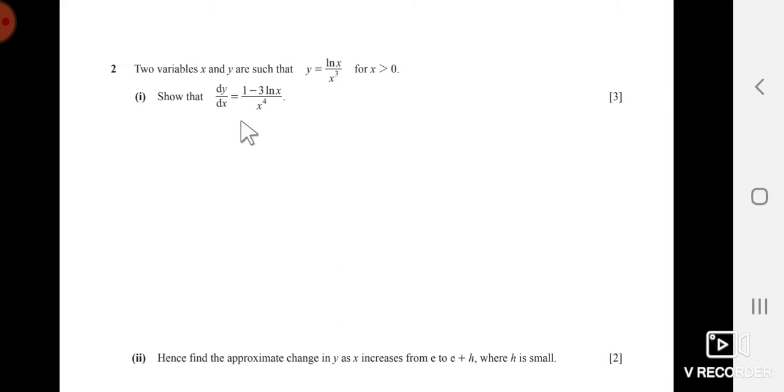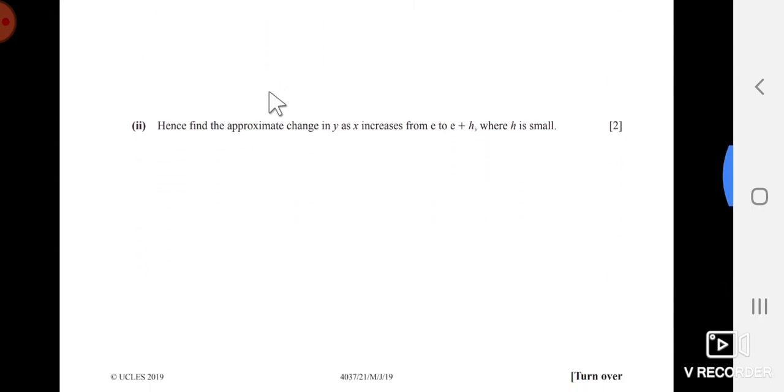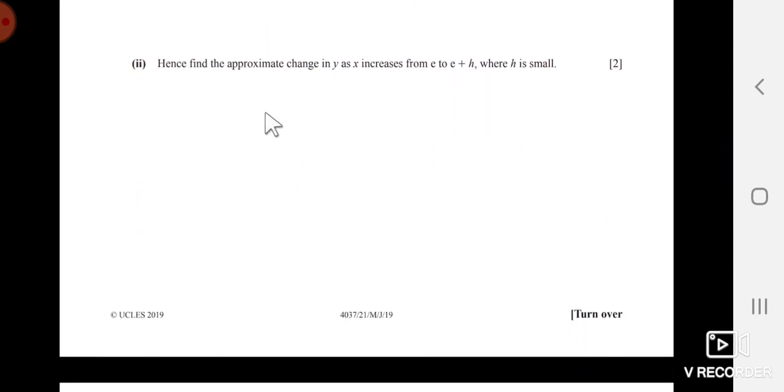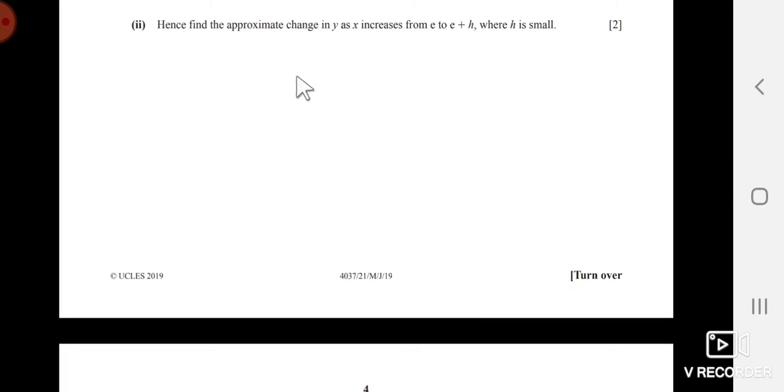I don't think you will have any trouble for this proof. Now I'm going for the next part of this question. Hence, find the approximate change in y as x is increasing from e to e plus h. It's again very simple. You know, delta y over delta x is approximately equal to dy/dx.